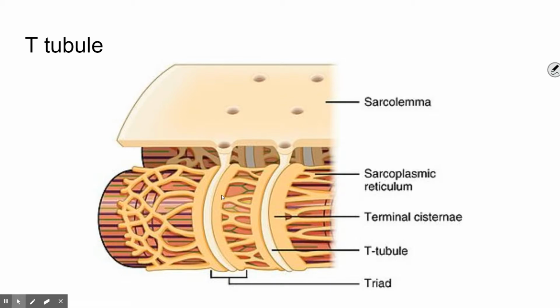This increases the surface area of that muscle cell greatly. The purpose of the T-tubule is that it is going to transmit the action potential from the nerve down into the muscle cell and cause these myofibrils to contract. And so it serves as kind of a conduit for that electrical impulse that travels into the inside of the muscle cell.